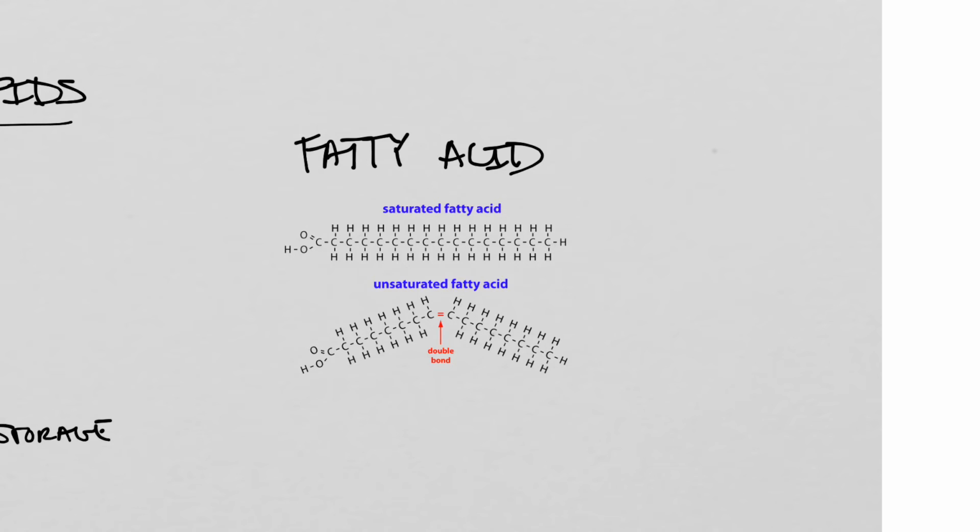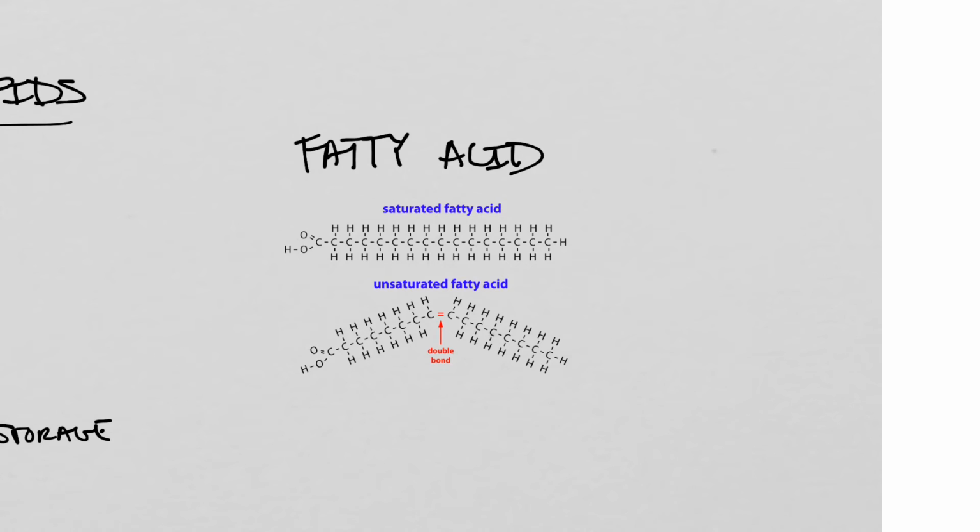Okay, so overall, two different types of fatty acids. There's saturated fatty acids, which mean all the carbons are bonded to two hydrogens, or three. But every bond is a single bond between carbon and either another carbon or another element. An unsaturated fatty acid has a double bond between carbons.